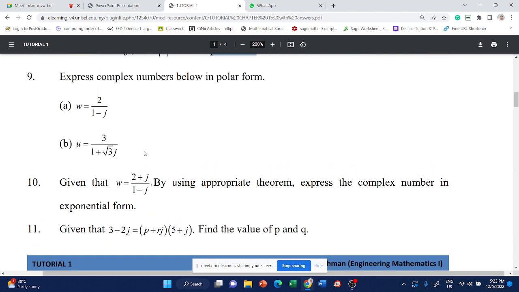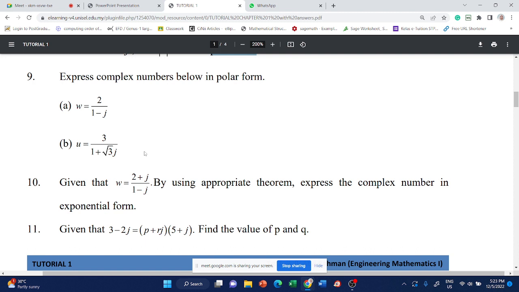Okay, for 9a, what we are going to do here for 9a? Times with the conjugate. Okay, times with the conjugate. After that, simplify until we get real and imaginary. Okay, that is complex number.